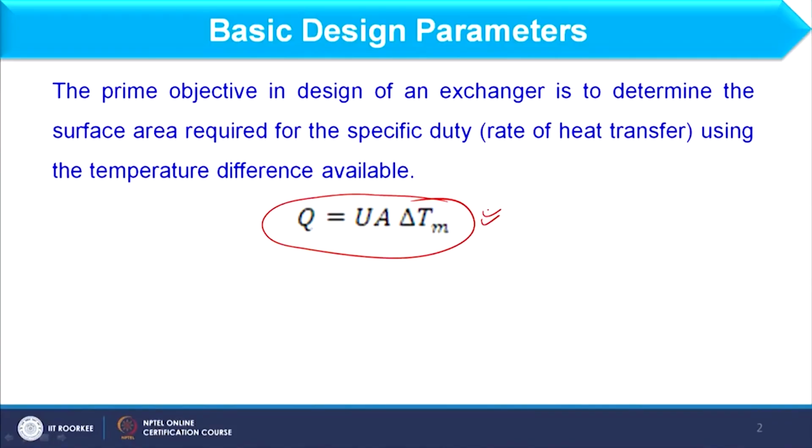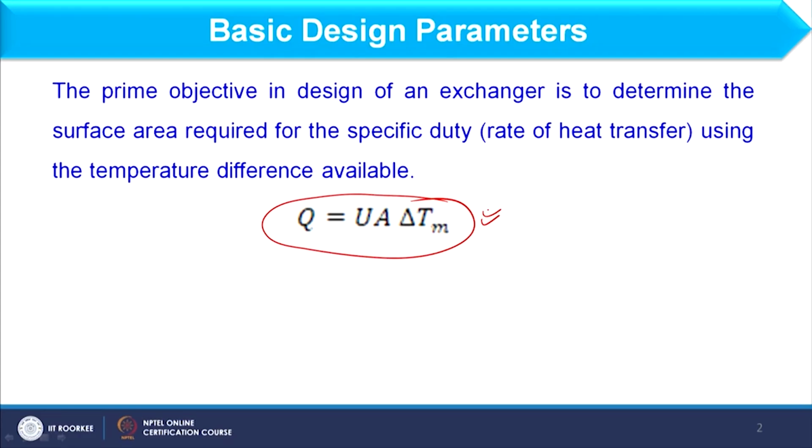Now, when I consider this equation and if I ask you, is there any other equation for heat transfer? Your answer must be yes. And what is that equation? There we relate Q is equal to mCp dt. Q is basically the heat duty.